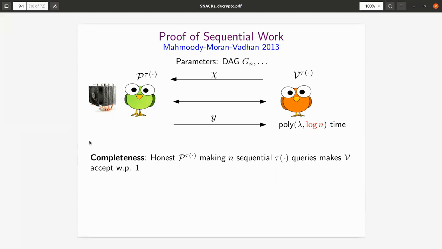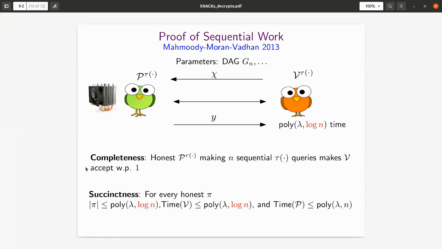So here I denote the random oracle as tau. It's an interactive protocol, parameterized by a family of DAGs. At the end of the interaction, for completeness, the honest prover, which makes n sequential invocations to tau, where n is the sequential work parameter, makes the verifier accept.